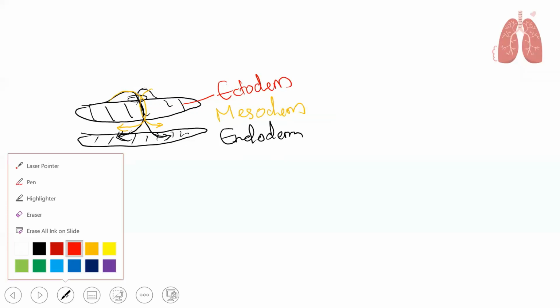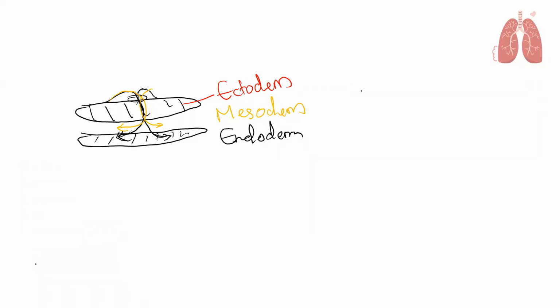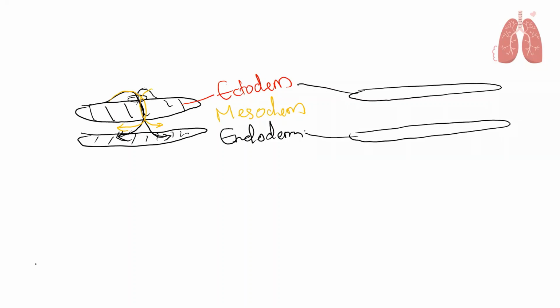If we look at a longitudinal section, this is the cranial end. This is the ectoderm, and you have the endoderm like this, and between them you have the mesoderm. Then you have the primitive streak with the primitive node and the primitive pit.